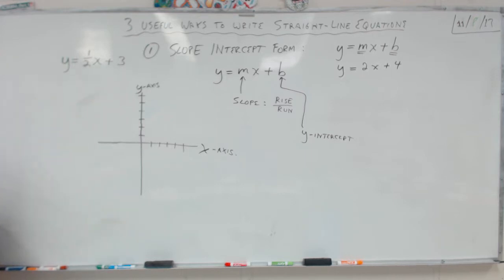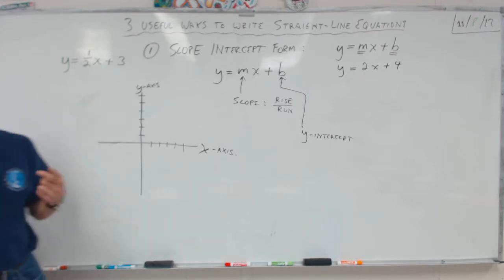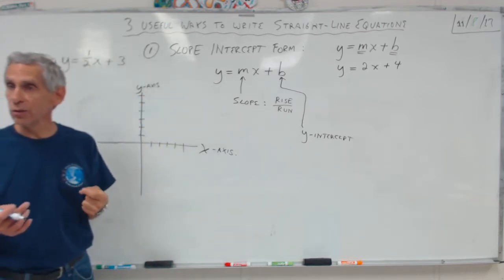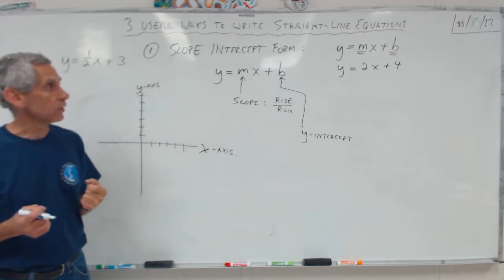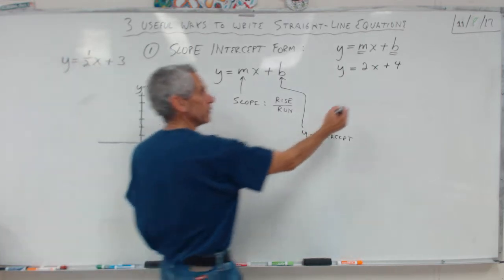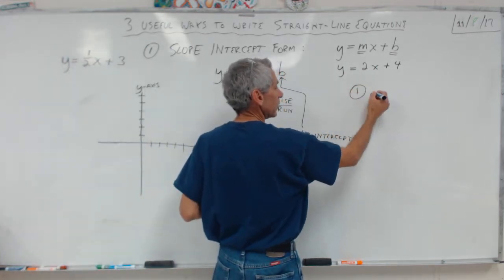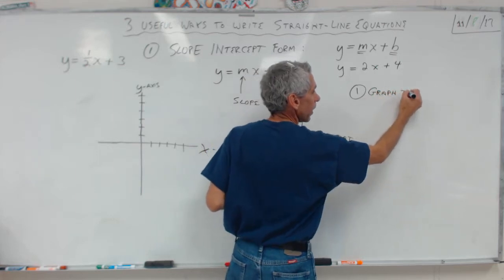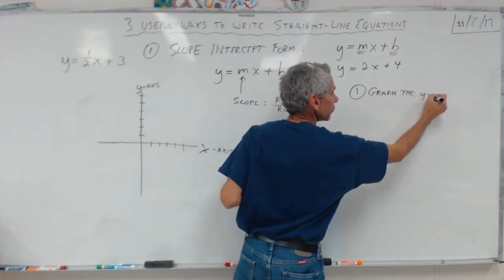All right. So when you're graphing with the slope-intercept form, and you're trying to do it the shortcut method, the very first thing is you graph the y-intercept.